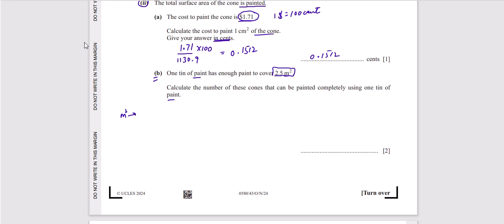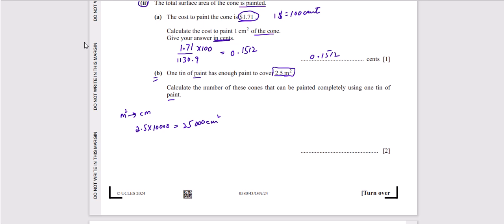So 2.5 multiply with 10,000, that is equal to 25,000 centimeter square.